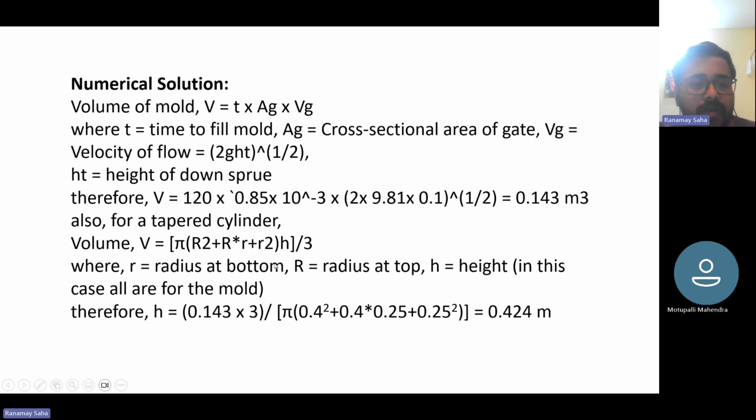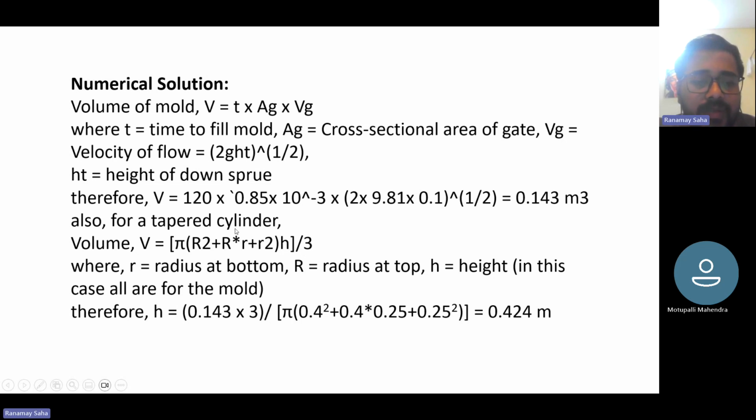Also, for a tapered cylinder, we know how to find the volume. The volume here can be found out as pi, the area of the top circle and the bottom circle, pi R squared terms, and then the lateral term, which is pi times R times r, and so on.